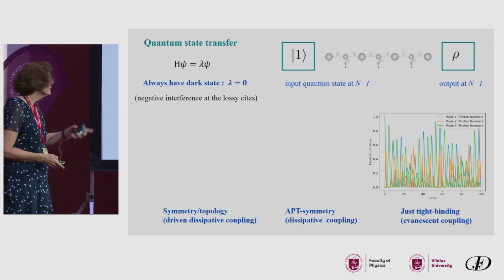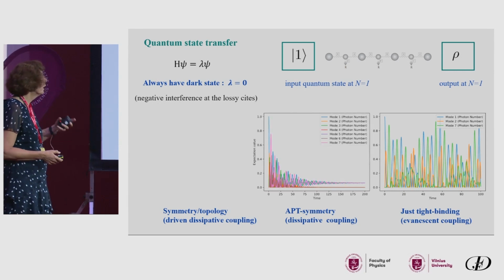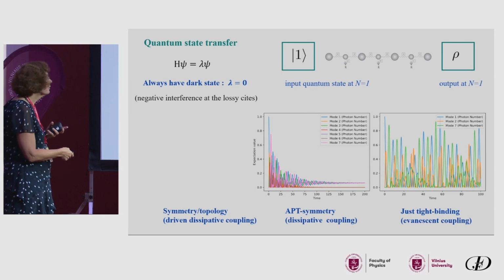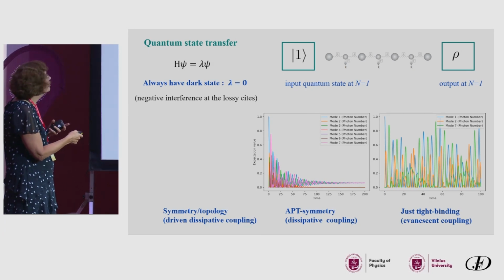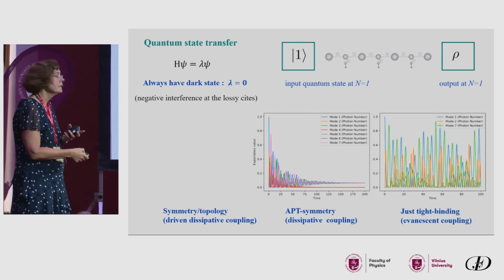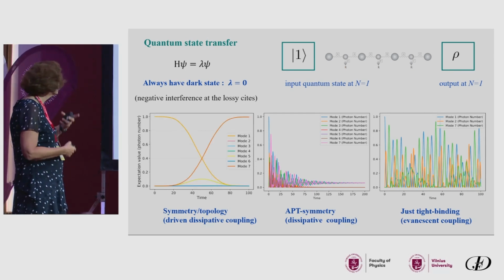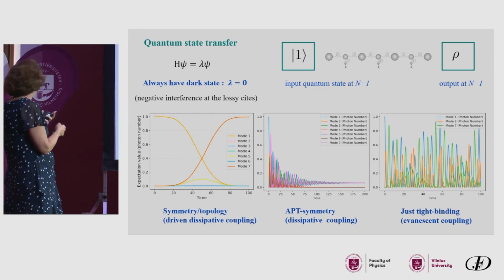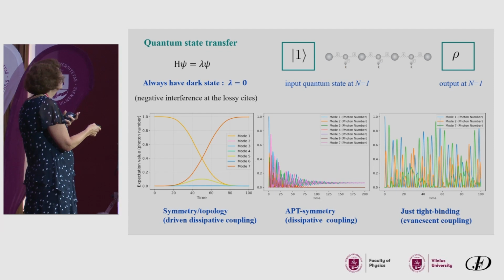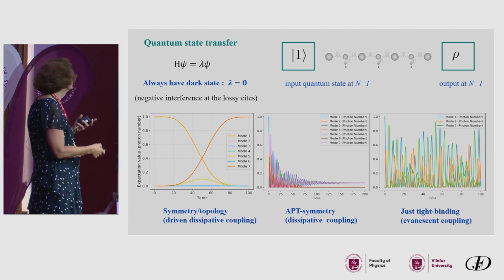If I have my anti-PT symmetry or dissipative coupling, I will have equalization. The lossy modes will decay, but my signal modes will all equalize. But if I switch on this driven coupling, then my single photon will go from the first side to the last mode.